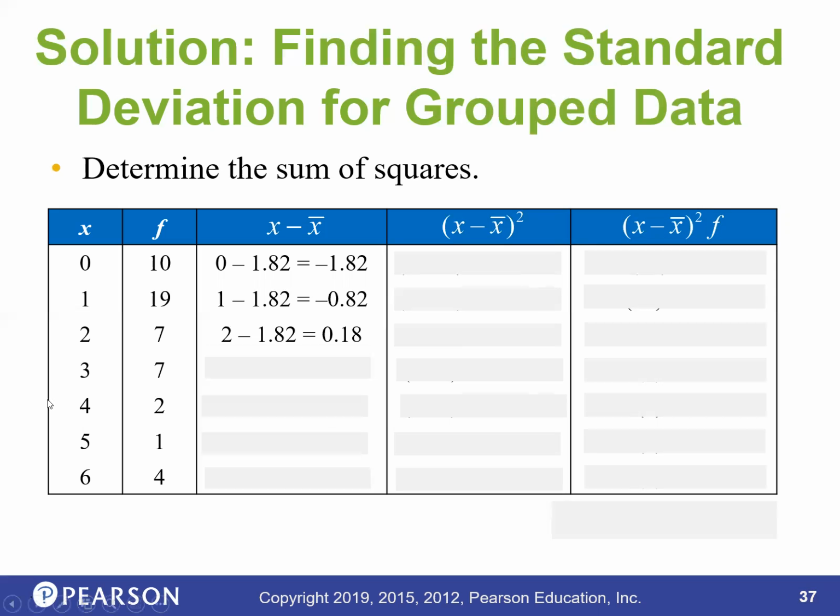So 2 minus 1.82 is 0.18. 3 minus 1.82 is going to be 1.18. Anybody some guesses for the next one?